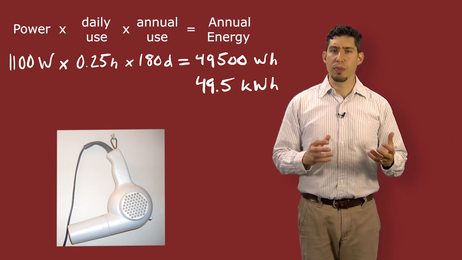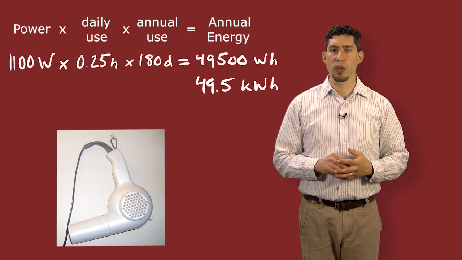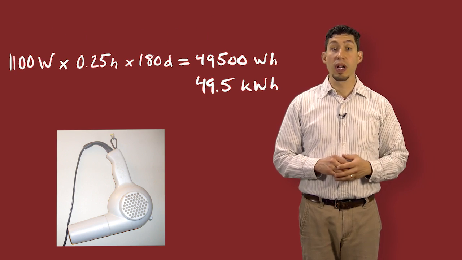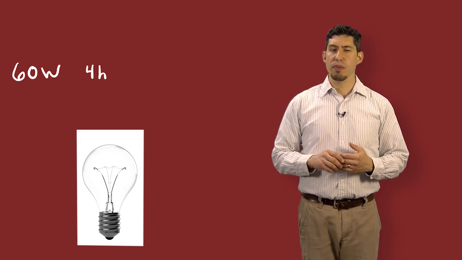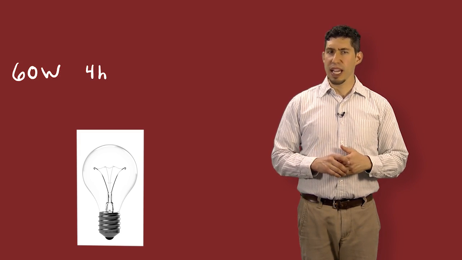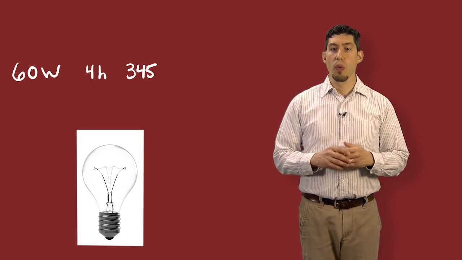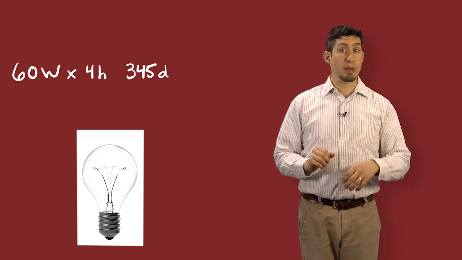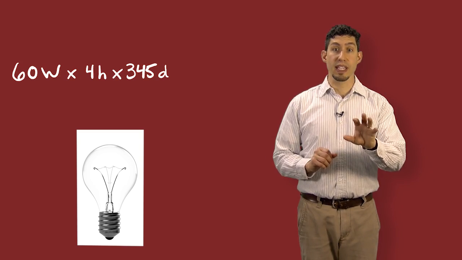That power value might seem high, 1,100 watts. So let's compare it to something which consumes a little bit less power, like a light bulb. If we take a 60-watt light bulb and use it for 4 hours a day, and just about every day of the year, say 345 days, we would multiply the 60 watts of the light bulb by the 4 hours of use per day, multiplied by the 345 days per year.